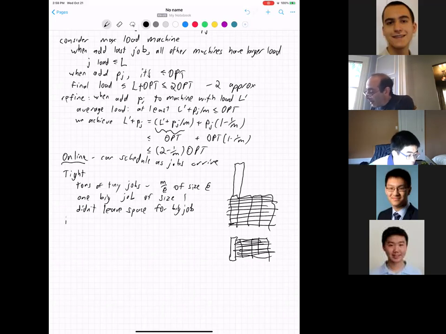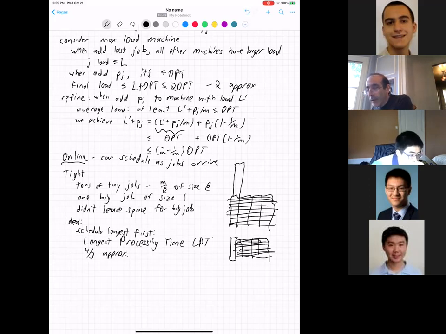And as was suggested, we could get around this by scheduling the longest jobs first. This is known as the longest processing time heuristic, or LPT. And you can prove that this actually achieves a 4/3 approximation.